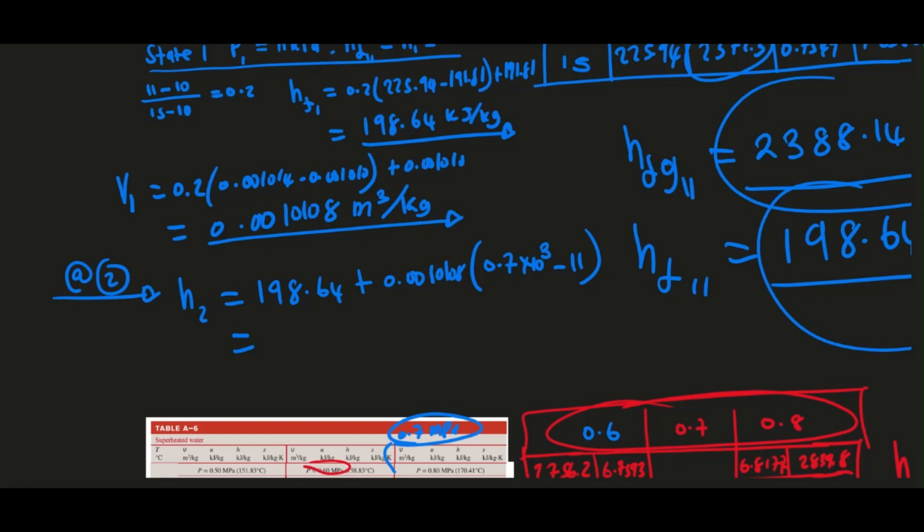That should give us 199.33 kilojoules per kilogram. Just confirm this on your side, please.